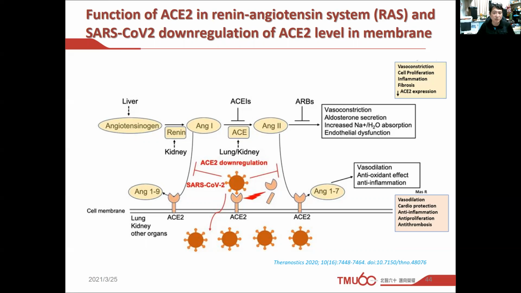However, angiotensin 1 and angiotensin 2 will cause vessel constriction, increased salt absorption, and endothelial dysfunction. Therefore, there's another option: these inhibitors may be good for the treatment of COVID-19 patients.